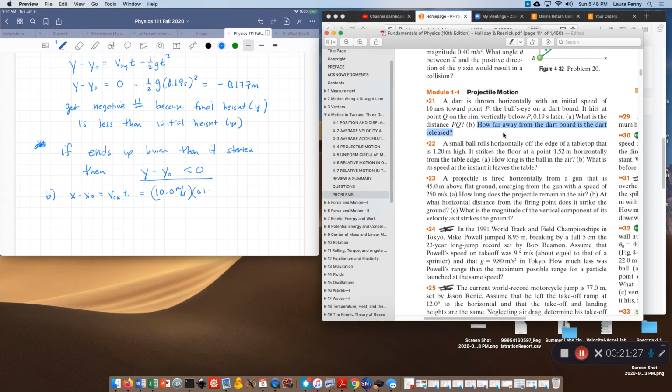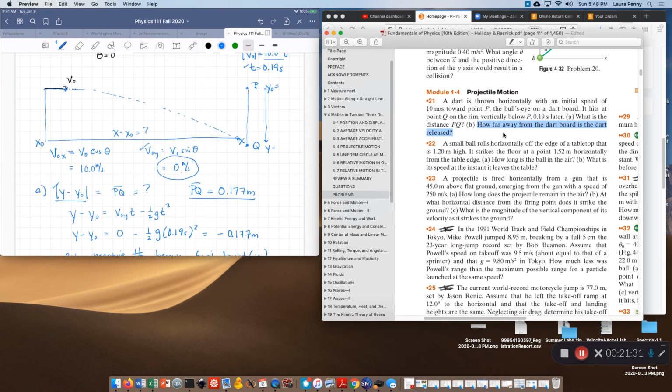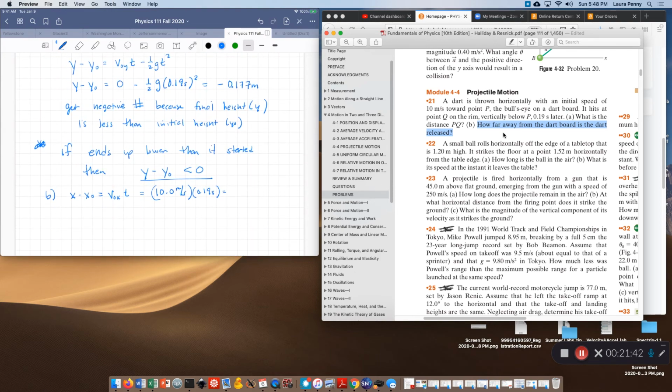Anyways, we'll put in the 0.19 seconds. That's how long it takes. The amount of time it takes for it to go from here in y to here in y is the same amount of time it takes for it to go from here in x to here in x. So this is 1.9 meters, or probably just 1.9 meters, two significant figures for part B.